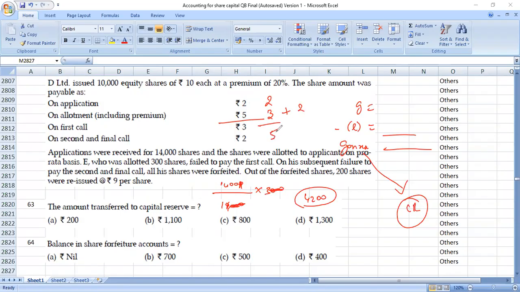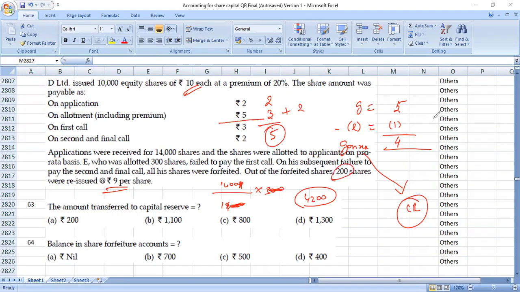So he has actually paid 5 rupees. So gain on forfeiture is the amount of share capital paid by him per share, which is 5. And loss on reissue. 9 rupees per share reissue pannirukkaanga. 10 rupees shares. So 1 rupee is a loss. So 4 rupees is a gain on reissue.